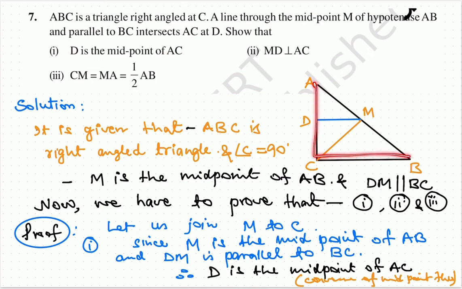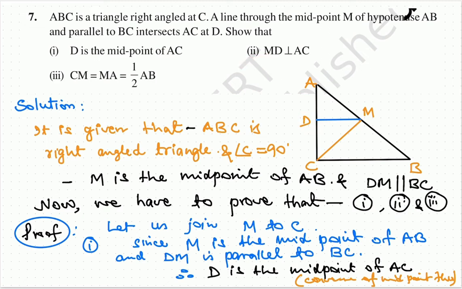This is a right angle triangle, and it is given that M is the midpoint of AB and a line segment MD is parallel to BC, intersecting AC at D. So we have to prove that D is the midpoint of AC.